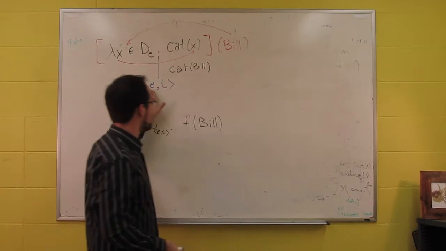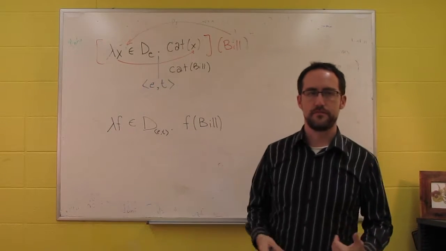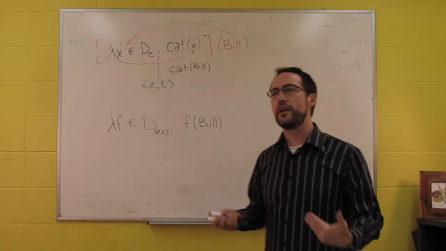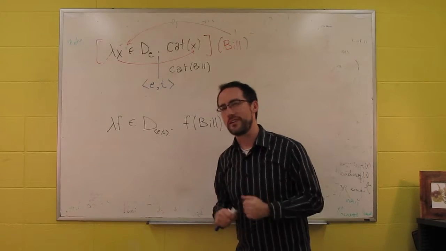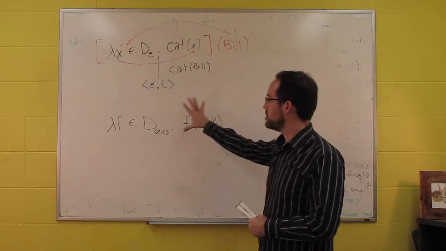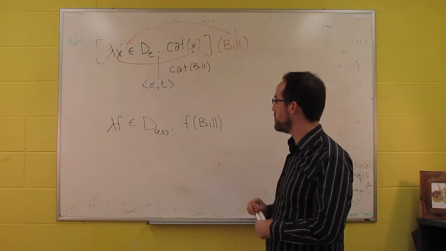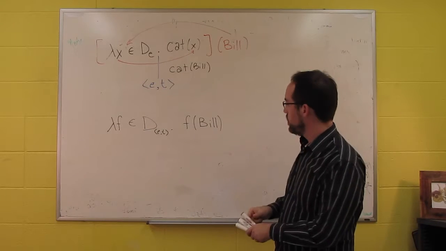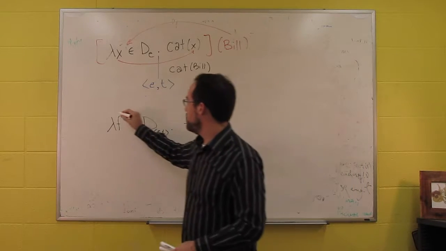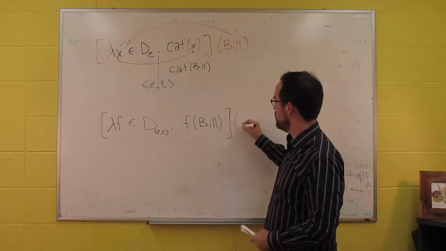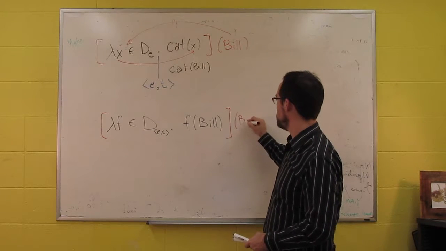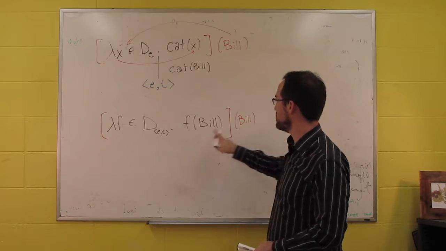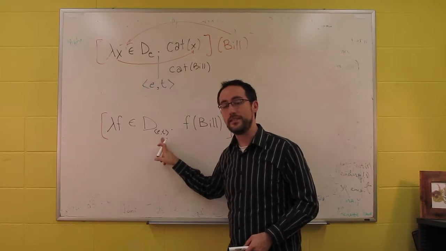Now, this takes a simple type as its argument, but we can have something that takes a more complex type as its argument. So take, for example, this expression, lambda f in d sub et, f of Bill. Now, we can't plug in Bill here, simply because Bill is of type E and we need something of type ET.